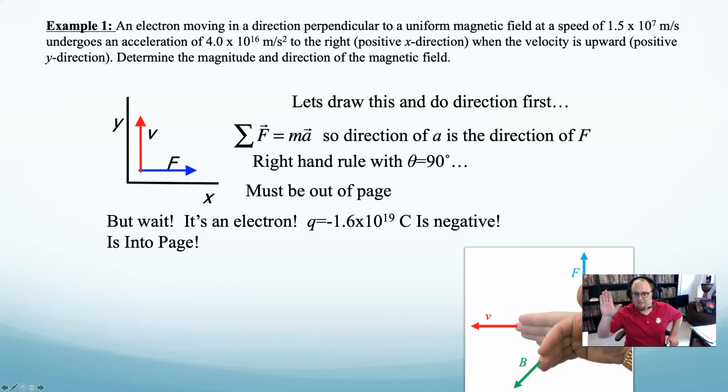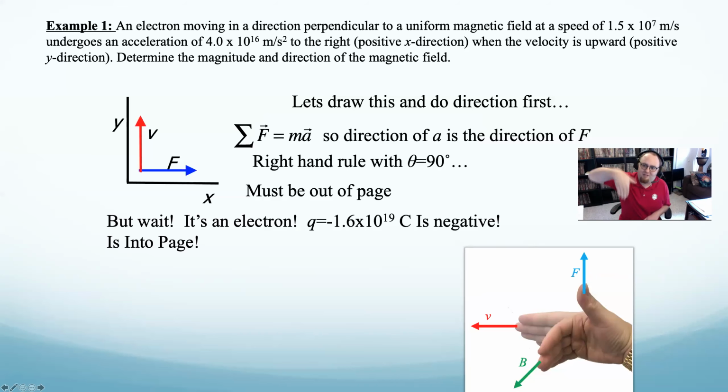Oh, that's great, it mirrors it again. So now I see it backwards. I've confused myself a lot. So I'm going to say it's down, in that direction. And so my F is into the page, because it's negative.